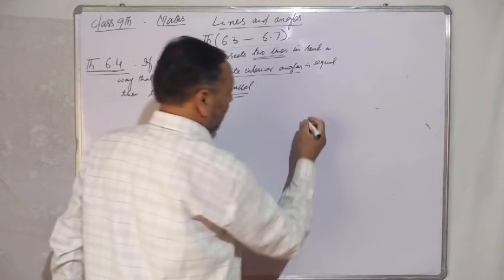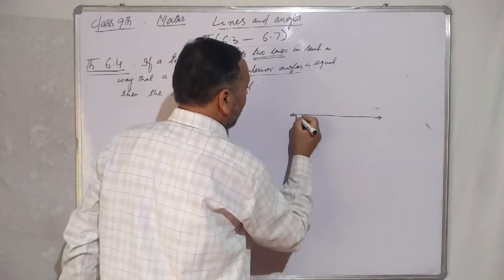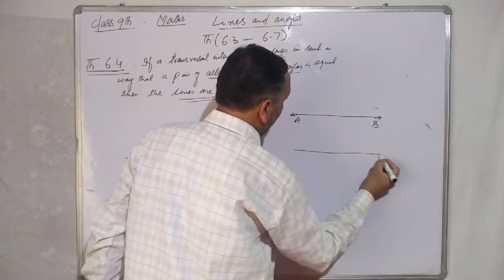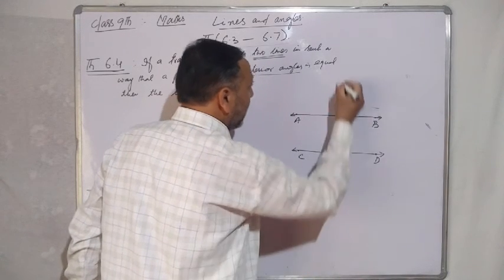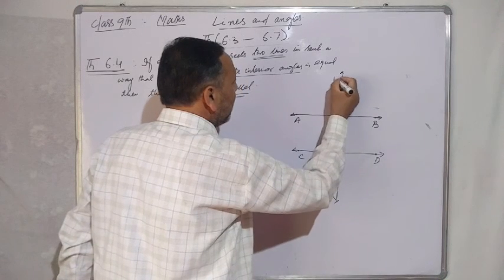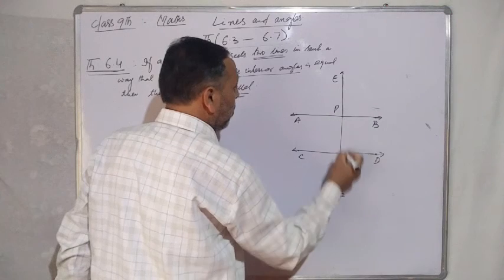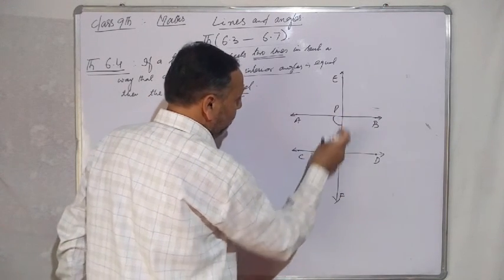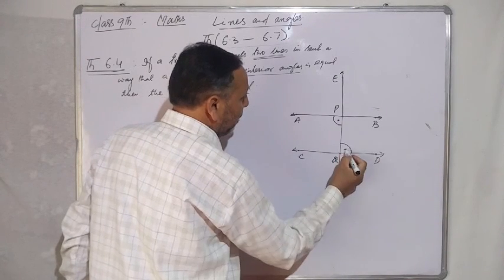So here two lines are given. A line AB and a line CD intersected by a transversal EF at P and Q respectively, such that angle APQ is equal to angle PQD. ये angle इसके बराबर है.